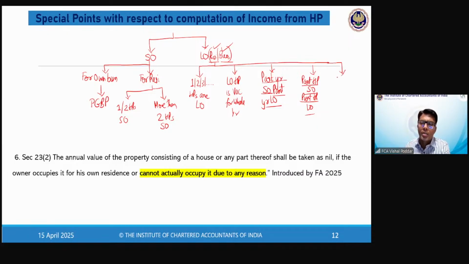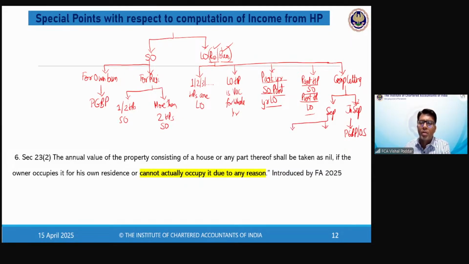Last possibility is composite letting: separable or inseparable. If inseparable, again it will go to PGBP or other sources, as the case may be.